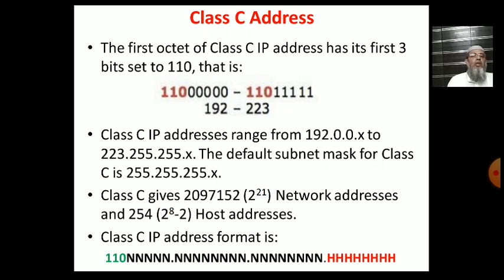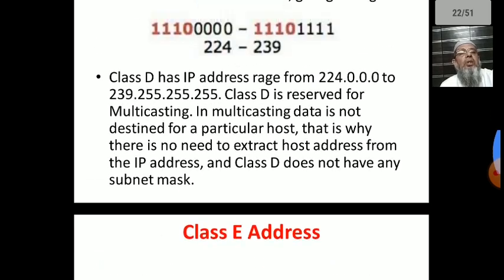The .0 in the last octet will be used for the network address, and .255 in the last octet will be used for the broadcast IP. So in the diagram 110 and 21 N's are shown, and finally 8 H's are used for the host address.